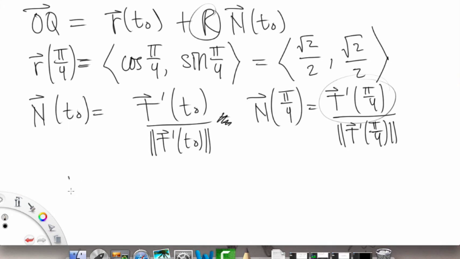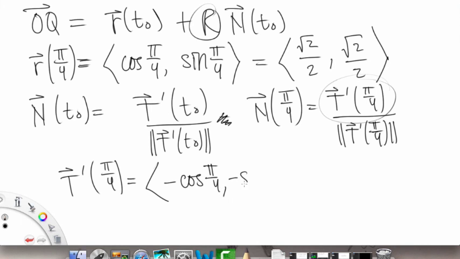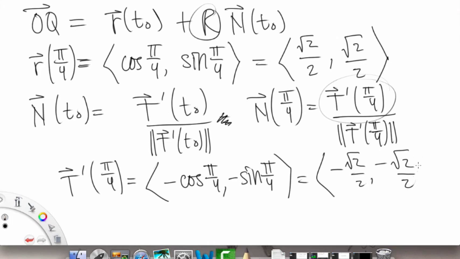So the first one, the derivative of the unit tangent at pi over 4, is going to equal, so we have that this was negative cosine t, negative sine t, so now we're going to have negative cosine pi over 4 and negative sine pi over 4. So that's going to be a negative radical 2 over 2 and another negative radical 2 over 2.